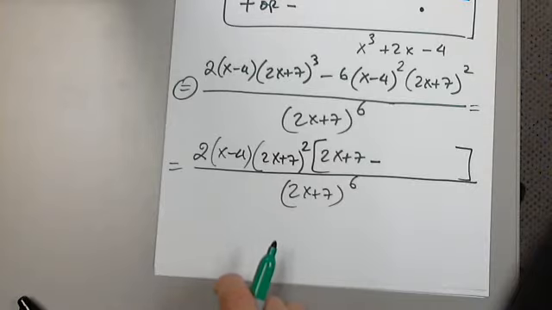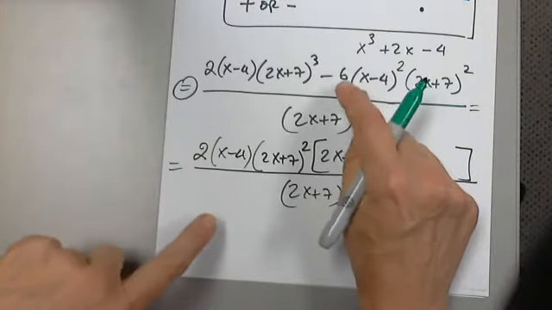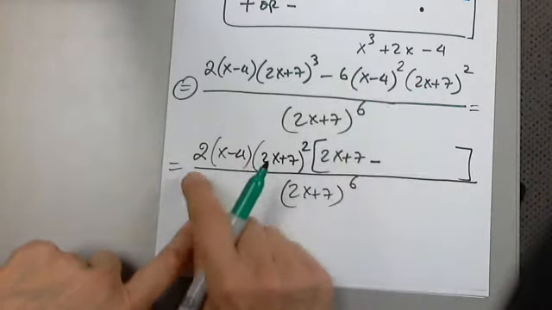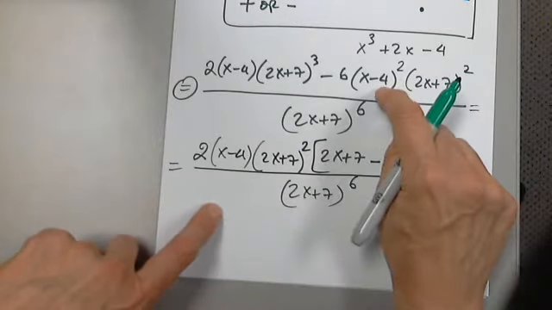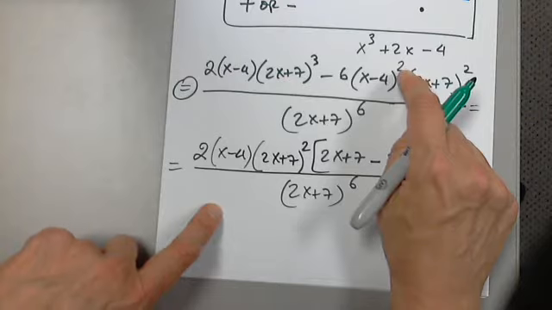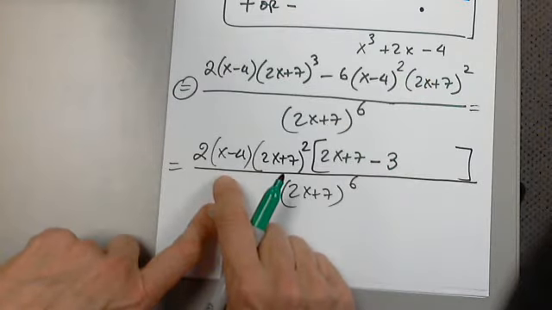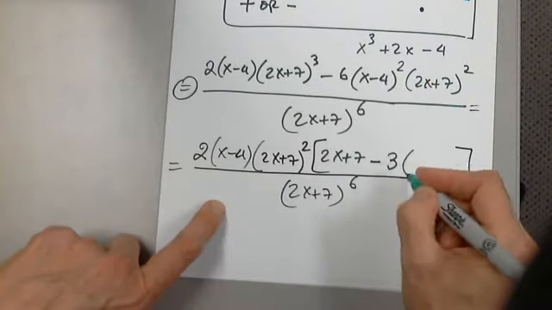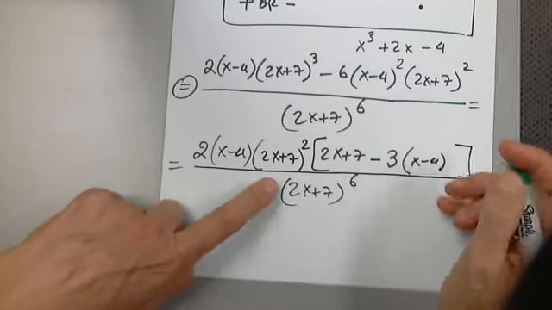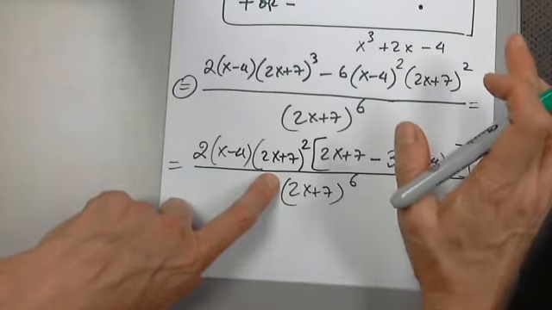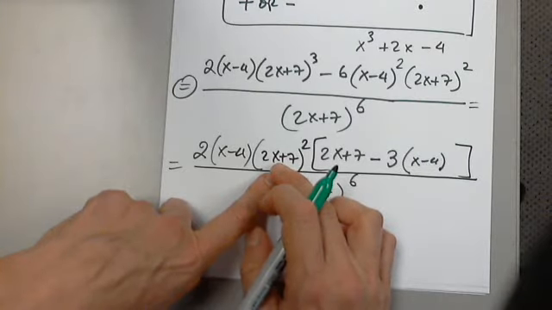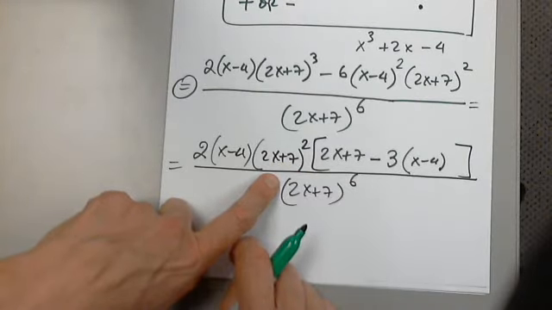Let's see what is left from the second term. From 6, I pulled out a 2, so there is a 3 left. From x minus 4 squared, I put an x minus 4 outside. What is left? In parentheses, an x minus 4. And let's see what is left from 2x plus 7. Well, nothing, because it had power 2 and I took all of them out. Are you with me, everyone?